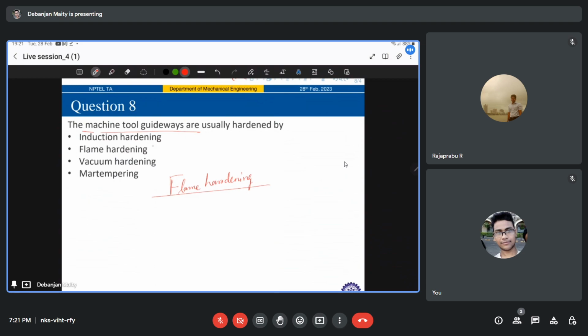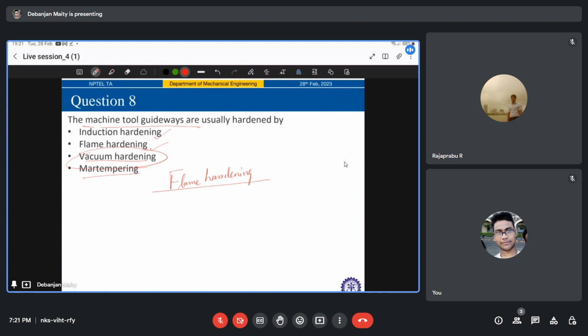I've already discussed what happens during flame hardening, induction hardening. We'll skip vacuum hardening because it has not been covered in the video lectures. Also covered what is happening during mar tempering. Now for machine tool guideways, this is usually hardened by the flame hardening process.